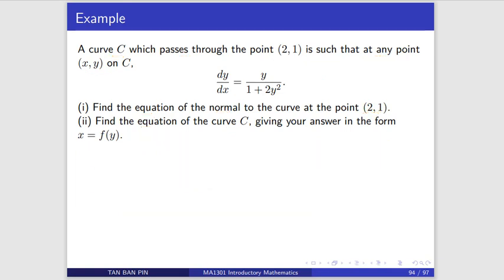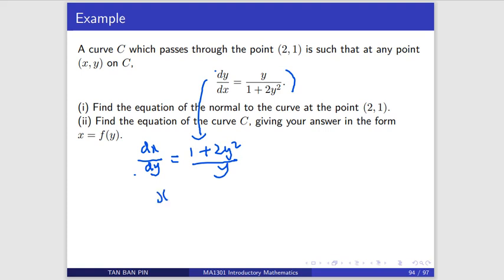We shall now write the answer to part 2. For part 2, you just invert it, as dx/dy is 1 plus 2y squared over y. You just invert the left hand side and write it as dx/dy, invert the right hand side and write it as 1 plus 2y squared over y.